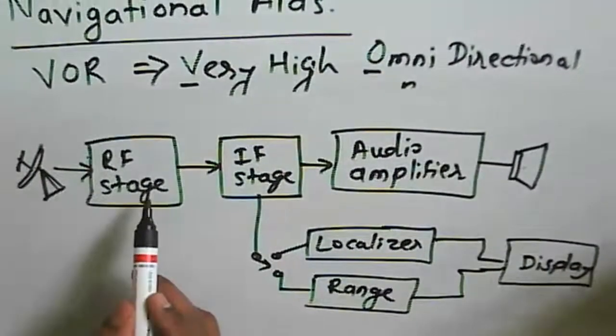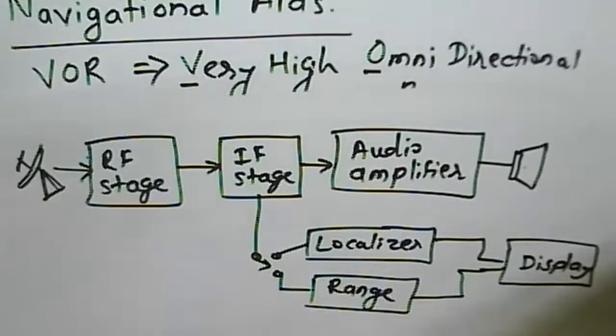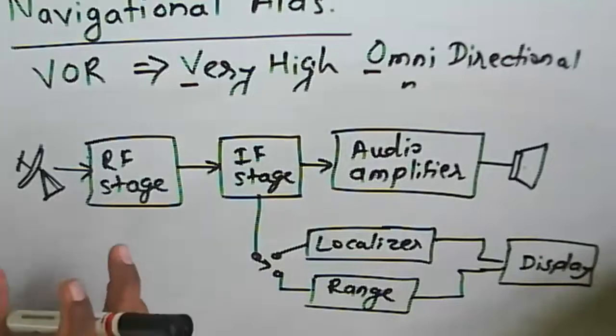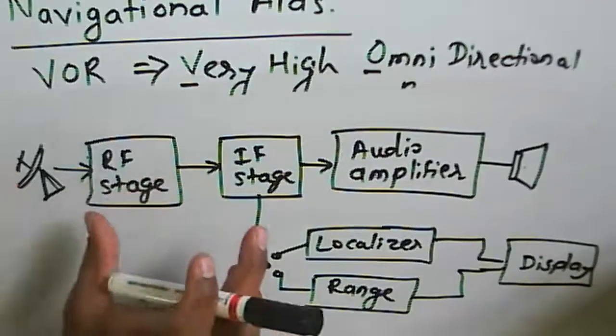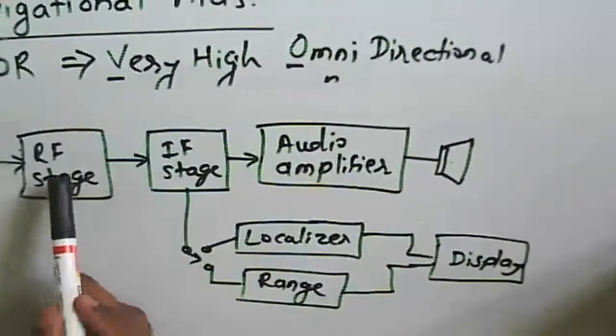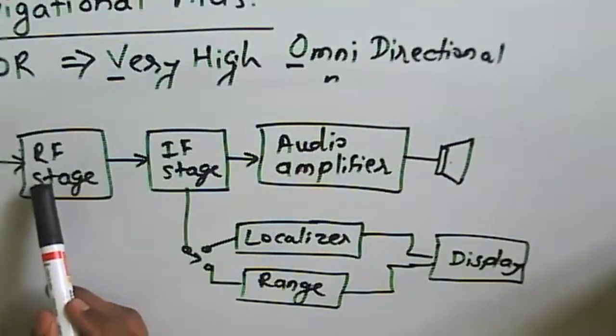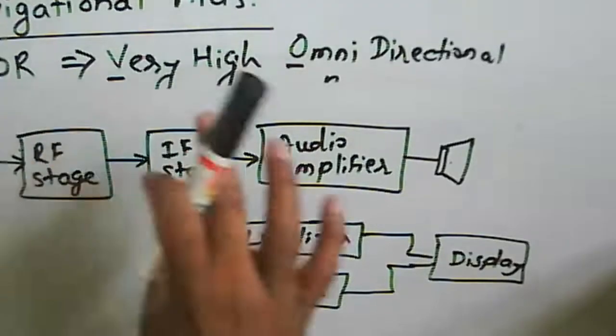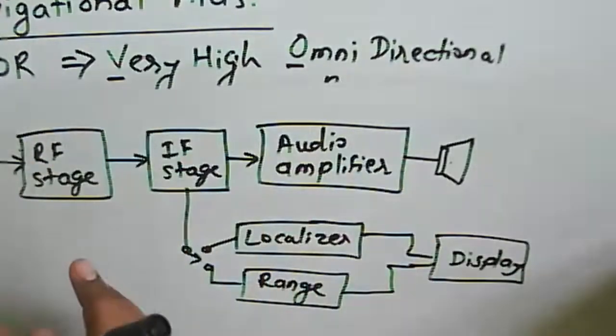So antenna to the RF stage. Whatever signal the VOR ground equipment transmits, the VOR ground equipment will start transmitting the signal. Then the signal will reach the RF stage. All these blocks are present in the aircraft.